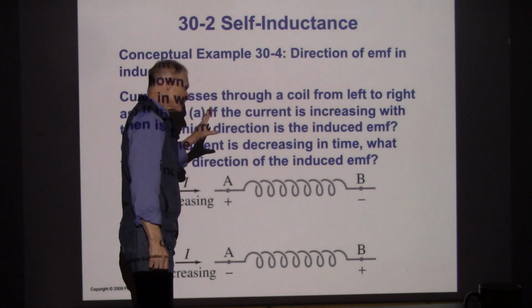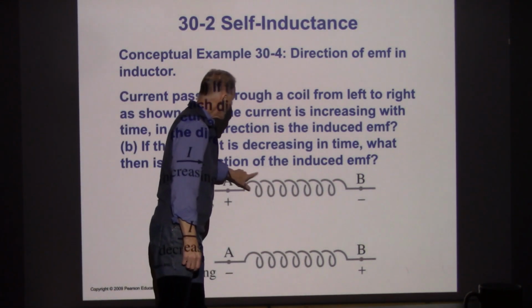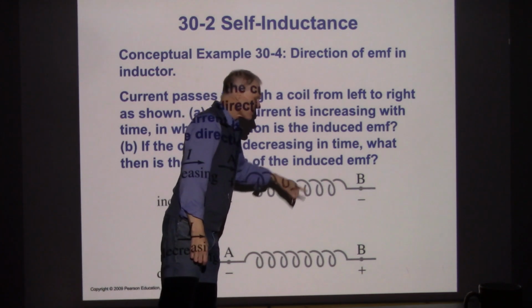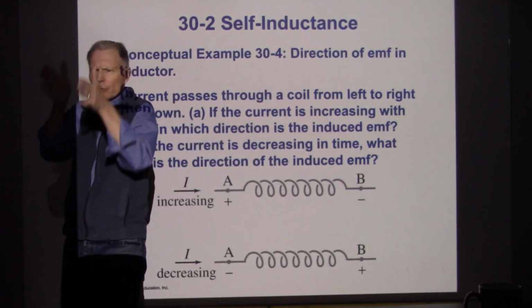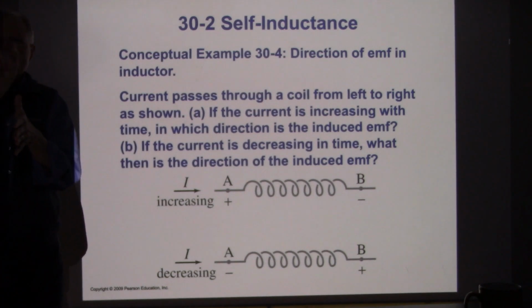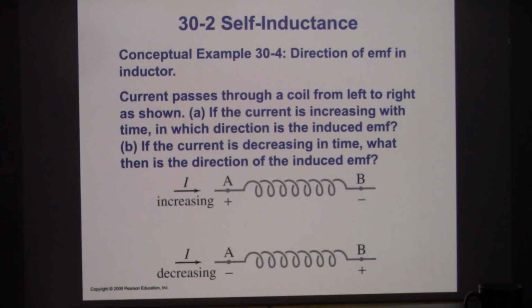The symbol for an inductor is this funny symbol like this. The capacitors were the plates, the resistors were the little zigzags, and now we have an inductor, and the symbol for the inductor in a circuit looks like this.